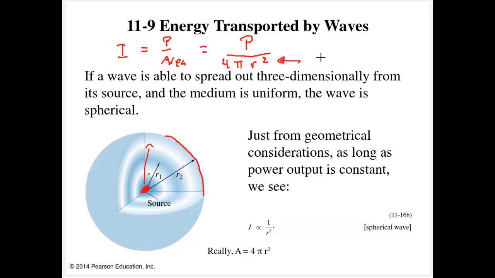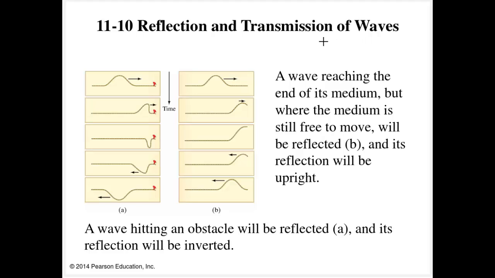So if you consider a point source, say a radio, putting out a certain amount of power, the intensity you hear with your ear is going to get smaller and smaller and smaller, proportional to the square of the radius as you walk further and further away from the source. Now let's take a look at what happens when waves hit obstacles.